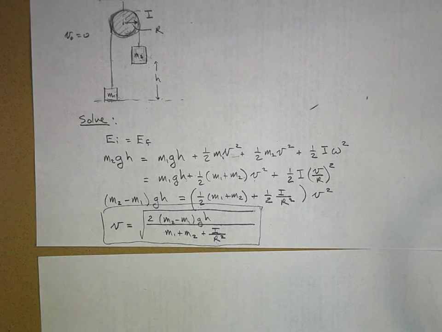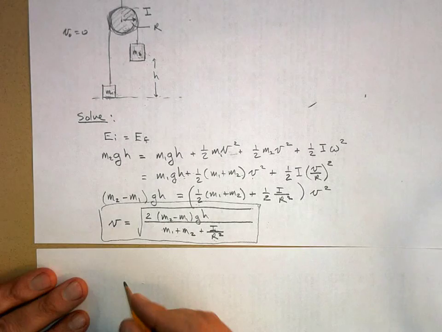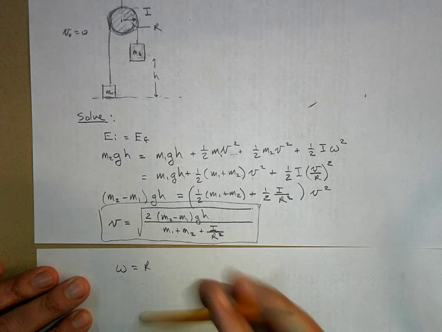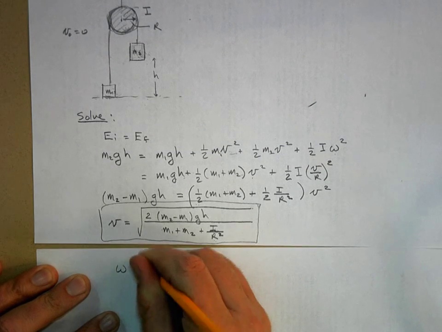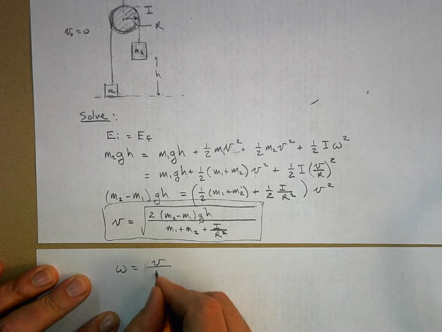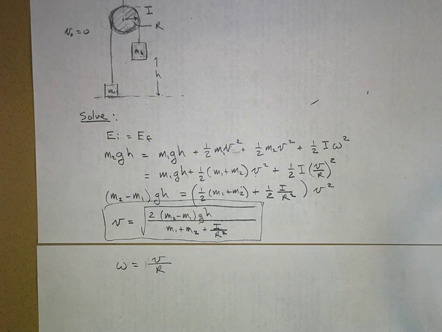Now, to answer what omega is, that's pretty easy. Omega is just equal to V over R. Okay. Do you understand that? V over R is the angular velocity of this thing, because what is V?